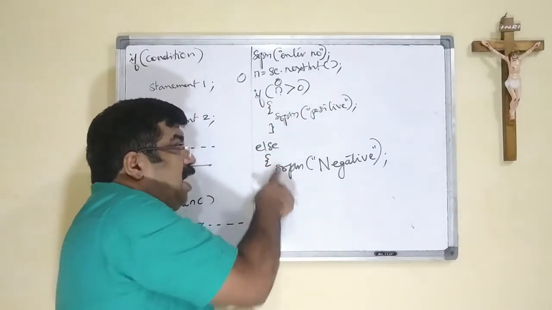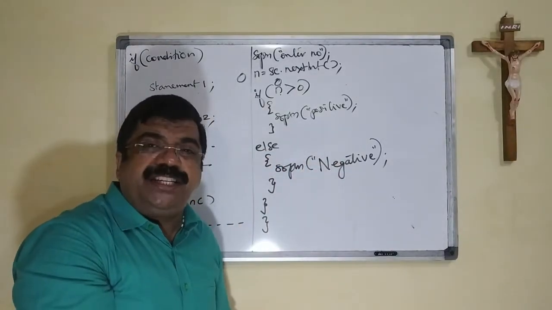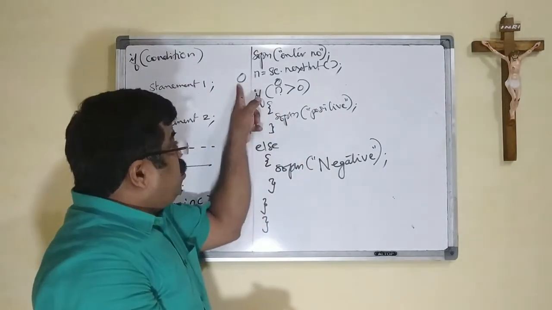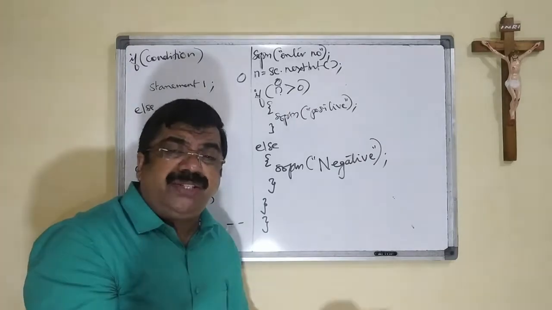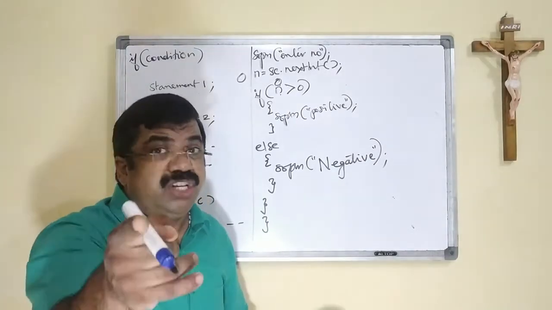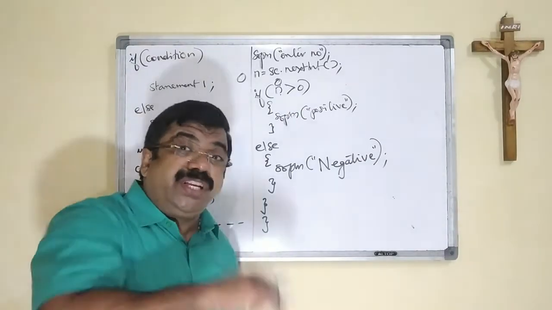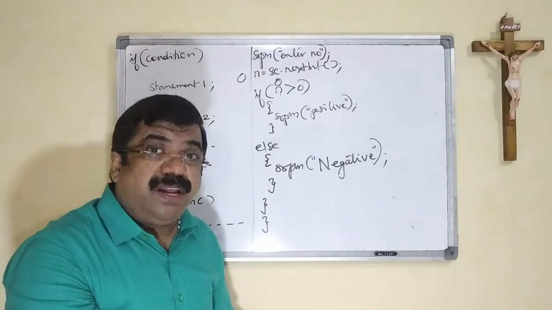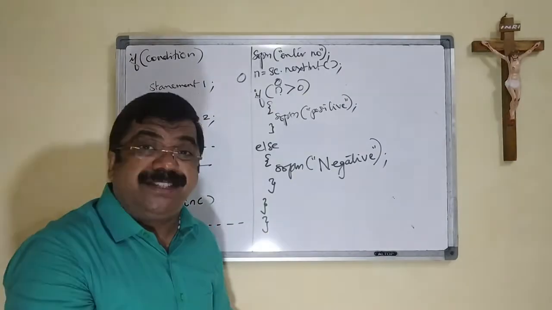Now what will happen? Else, it will print negative. Is it okay? When 0 is given, we are getting the output as negative. It is not okay. Since it is not okay, we have a third option. We have to go for more checking.